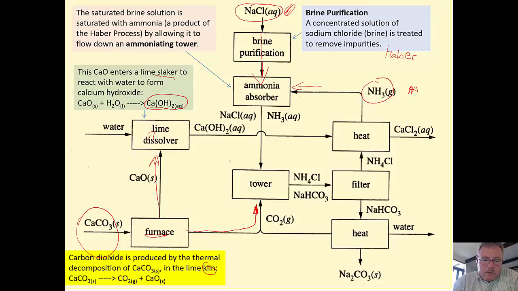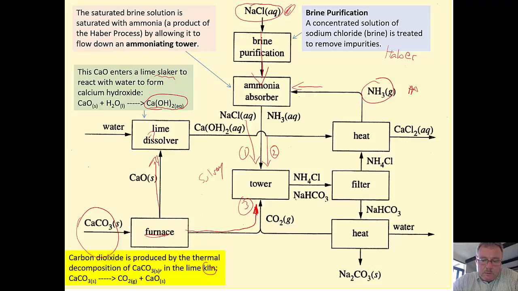It's put into a Solvay tower, and it's combined with your ammonia and your sodium chloride. So you've got these three things being added together, and that's bubbling CO2 all the time through the system.